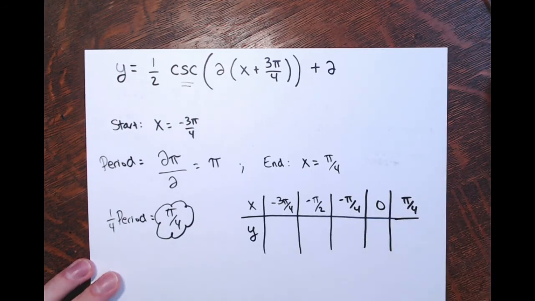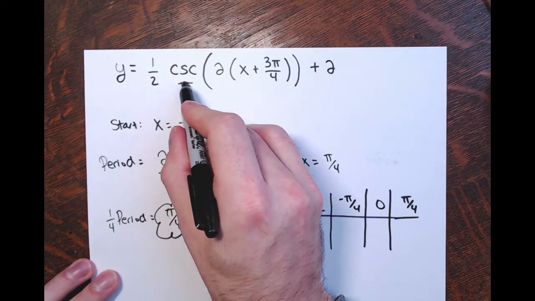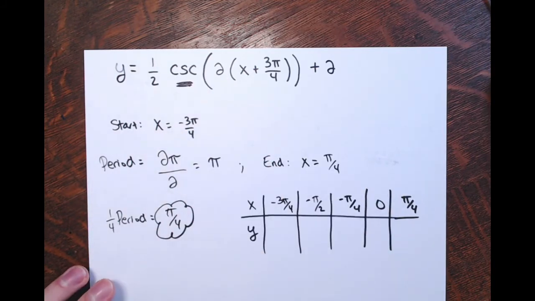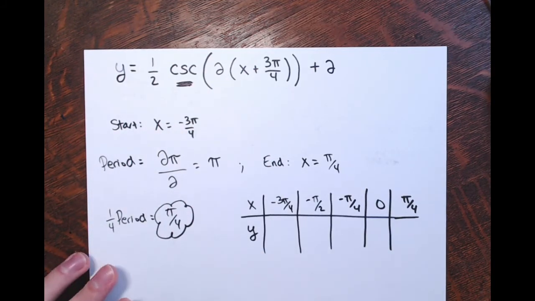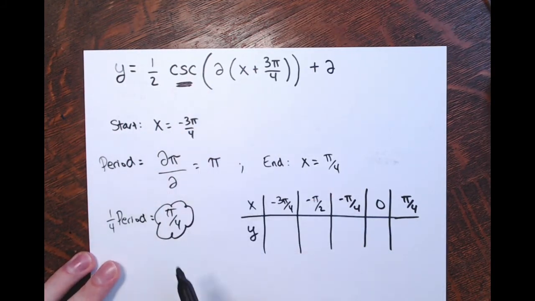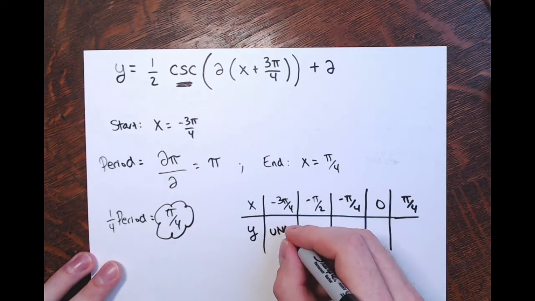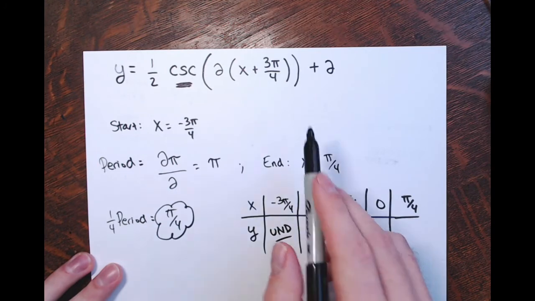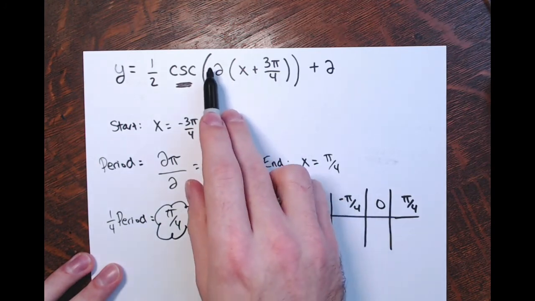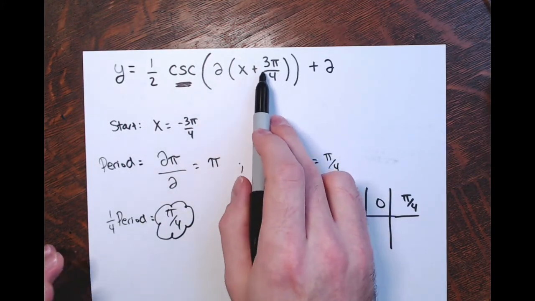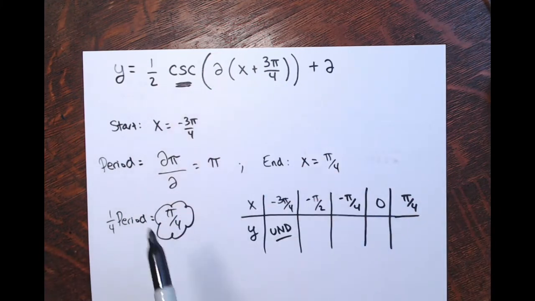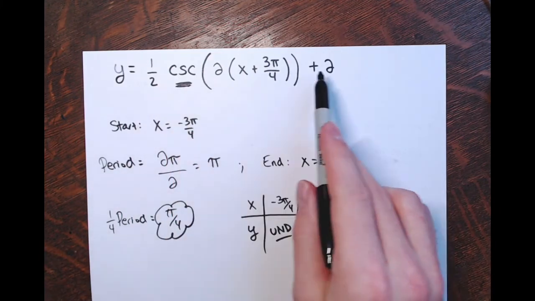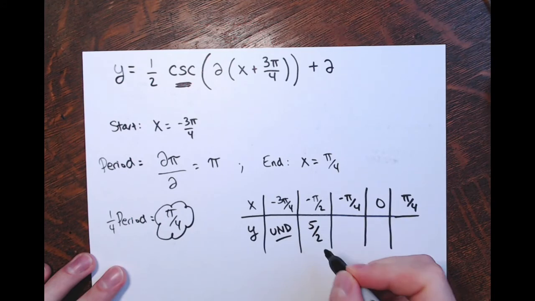Plug these in. Now this is cosecant. Remember, cosecant's the reciprocal of the sine. When I plug in 0, cosecant of 0 is undefined, because the sine of 0 is 0, so I'll have an asymptote there. When I plug in negative pi over 2, this whole thing inside simplifies to positive pi over 2, and the cosecant of pi over 2 is 1, half of 1 is a half, plus 2 is 5 halves.